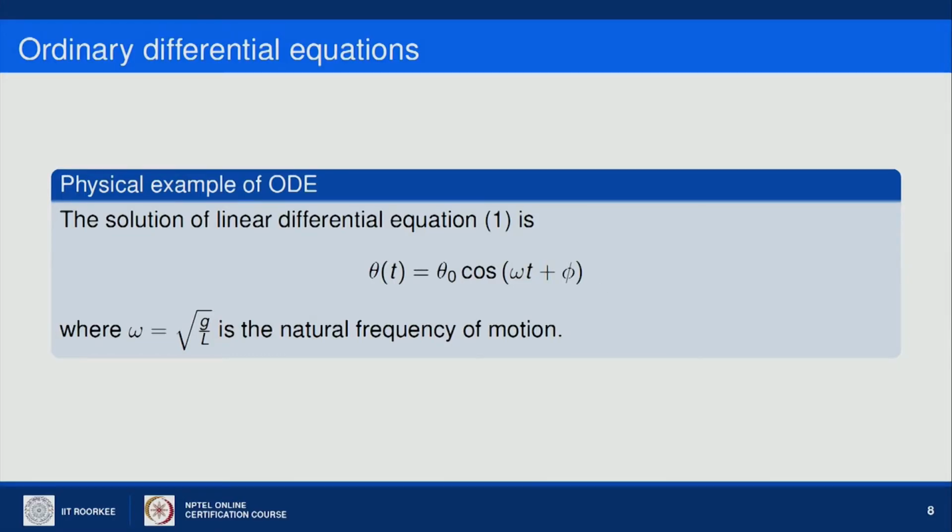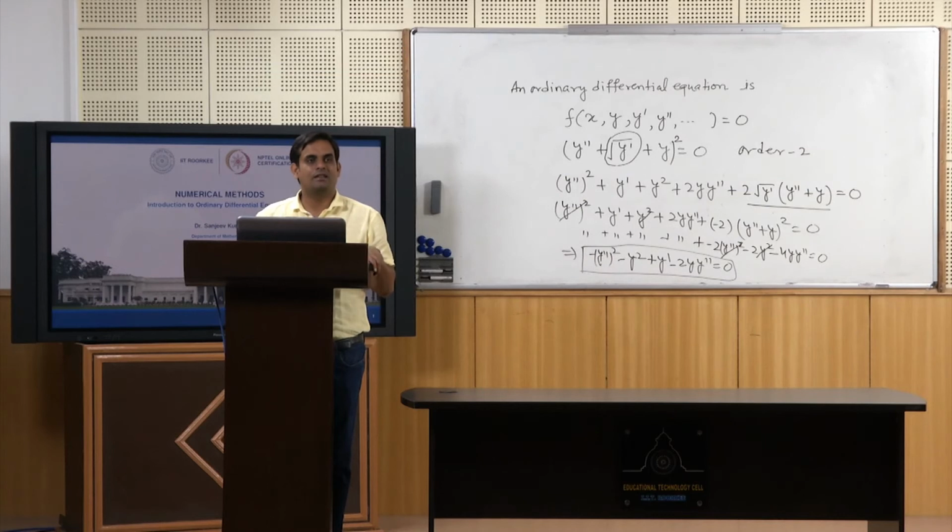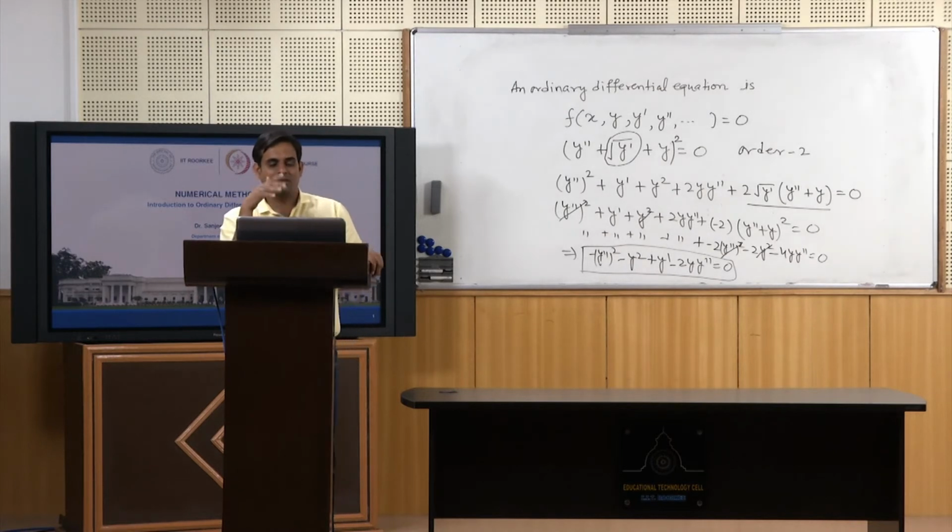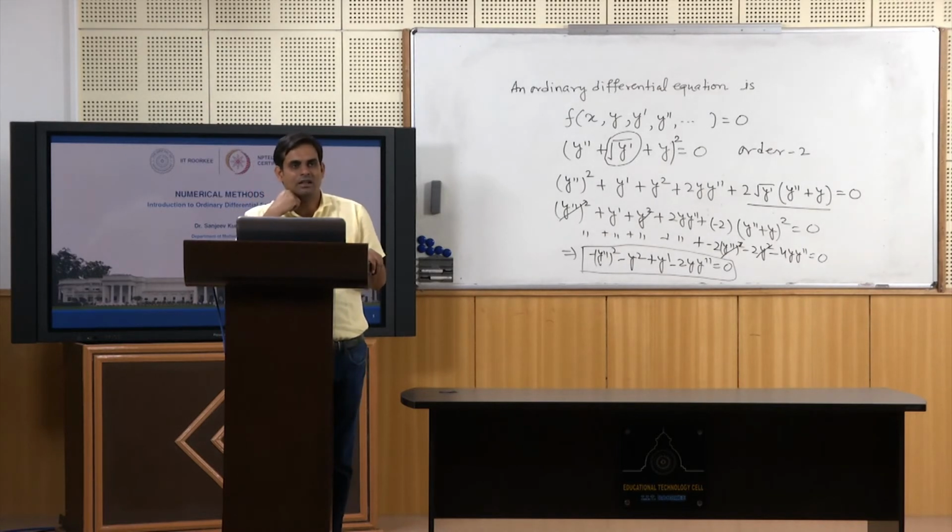In both cases we have some constants in the solution. How to find the values of those constants? Because these are general solutions, and for a particular problem we need a particular solution, and for finding the particular solution we need conditions.